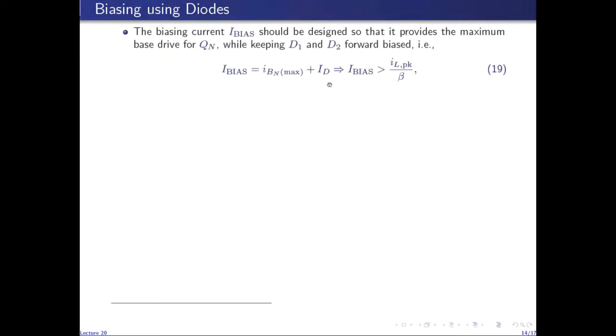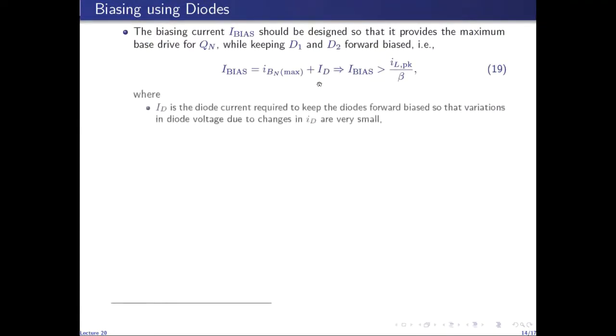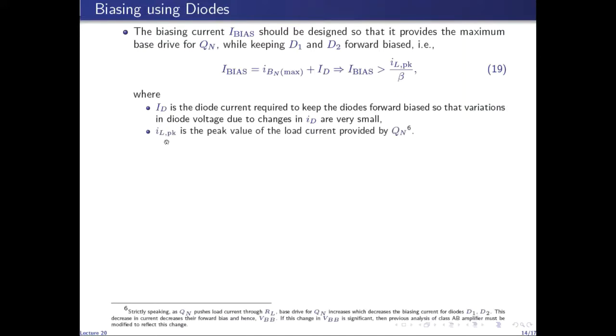So the quiescent current ID should be such that when there are variations in the current through the diode due to the variations in the base drive of Qn, the corresponding changes in the diode voltage should be very small. And IL peak, like I said, is the peak value of the load current provided by Qn.